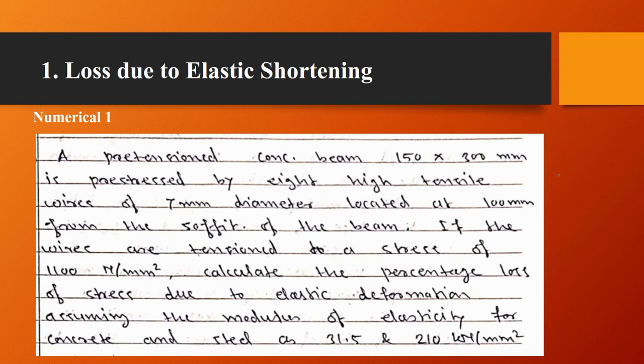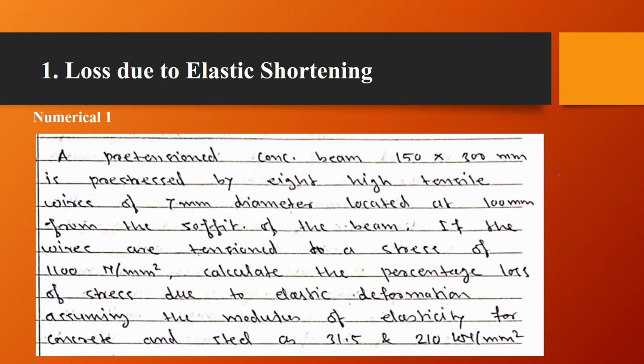If the wires are tensioned to a stress of 1100 Newton per mm square, calculate the percentage loss of stress due to elastic deformation, assuming the modulus of elasticity for the concrete and steel as 31.5 and 210 kilonewton per mm square.